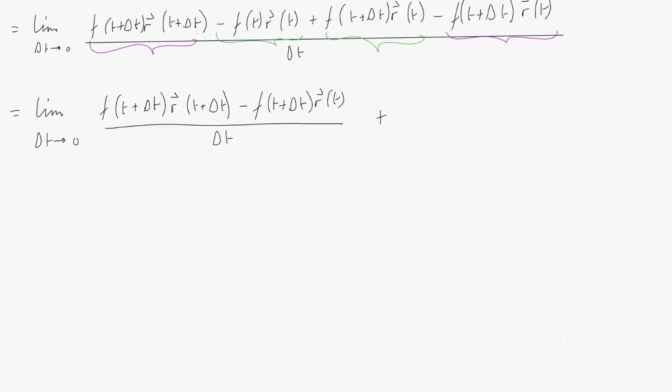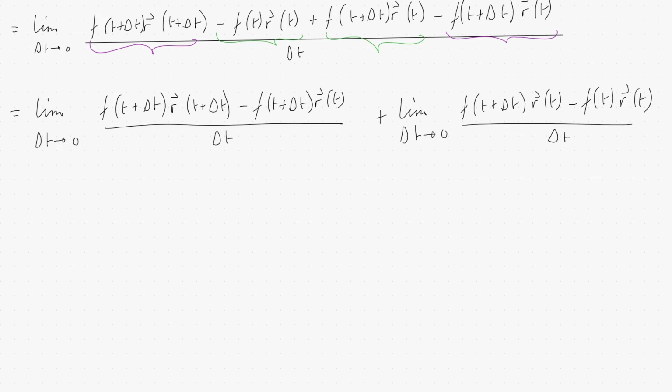And added to this, we're going to have the other side, the green side. So the limit, once again, as delta t goes to 0 of f of t plus delta t times r of t minus f of t times r of t, all over delta t.